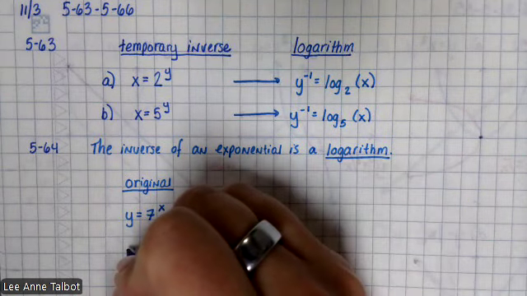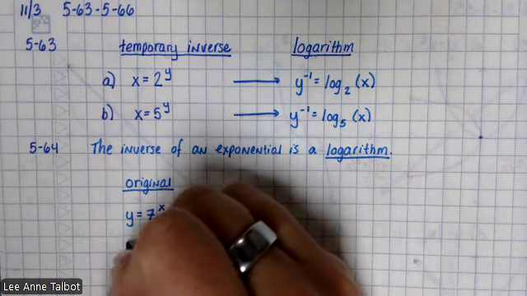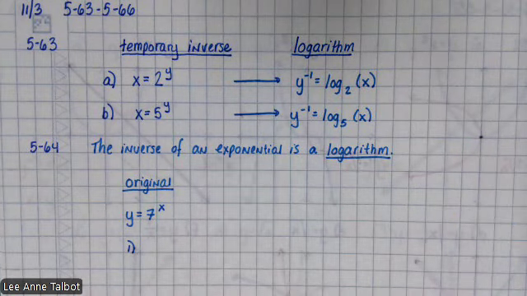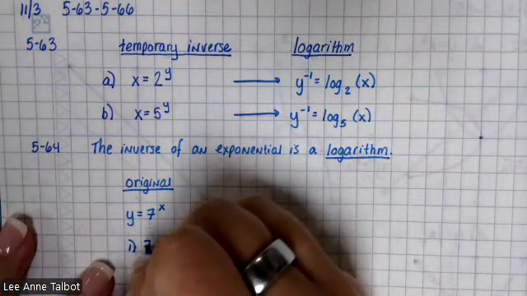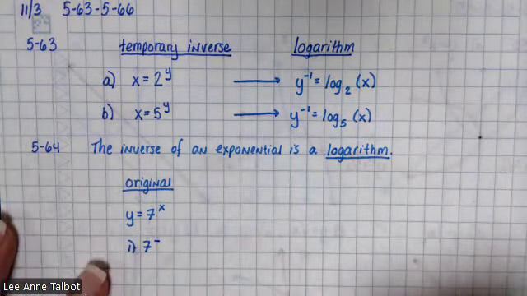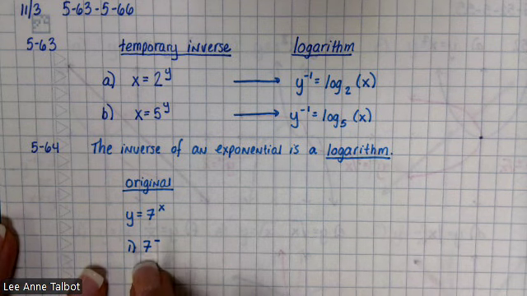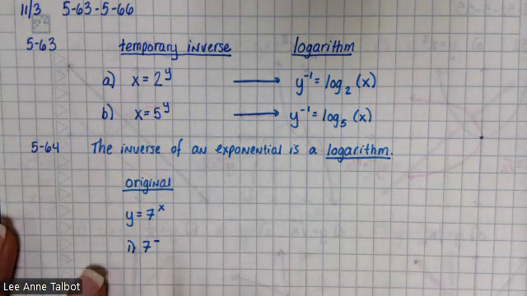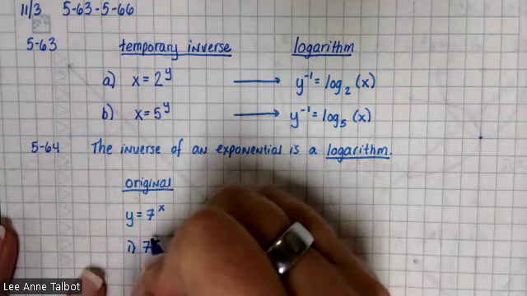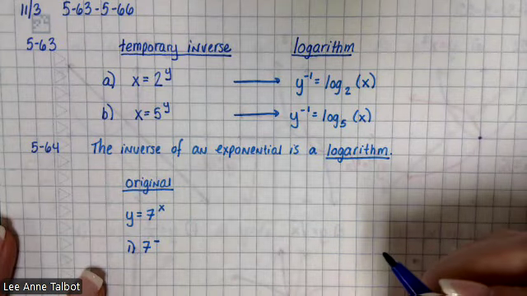When I ask you to list the steps of what happened to x, what you're going to say is that it was 7 to the power. I call this 7 to the blank. It's like you put something in the blank, basically.